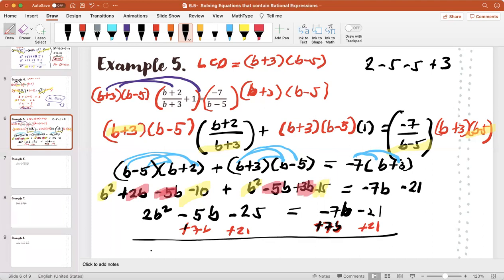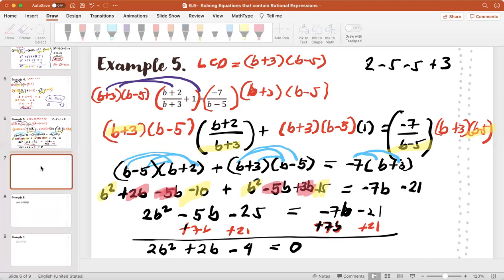And we have this result, 2b squared, negative 5 plus 7, positive 2, negative 25 plus 21, negative 4 equals 0. Okay, I think that we need more space. Can we go to the next slide?